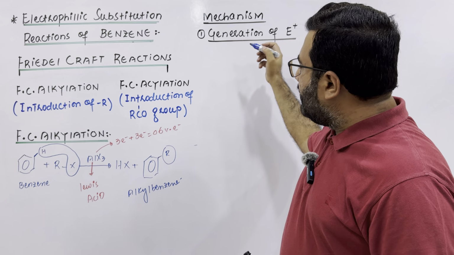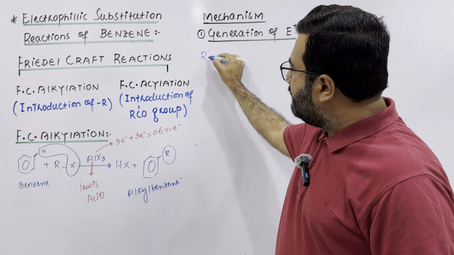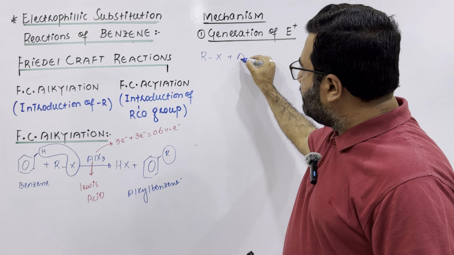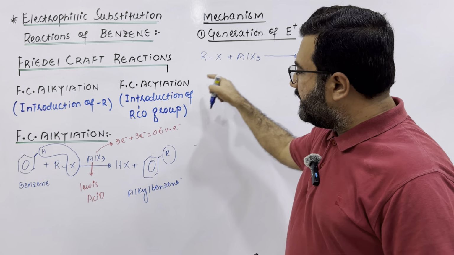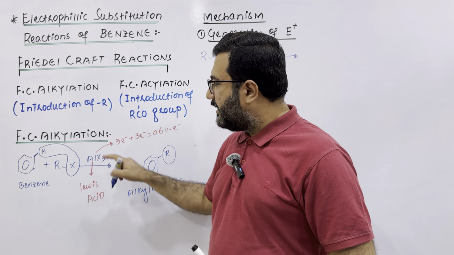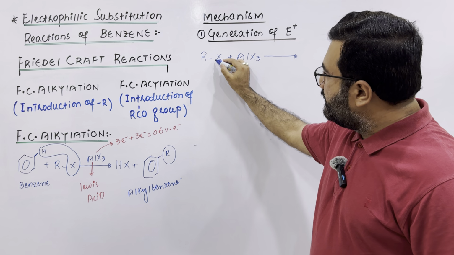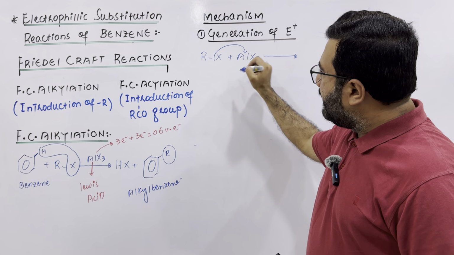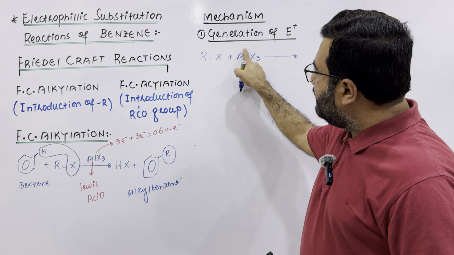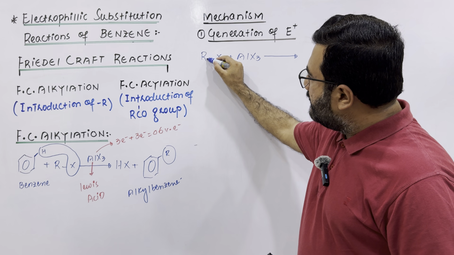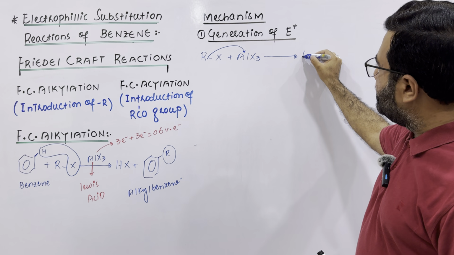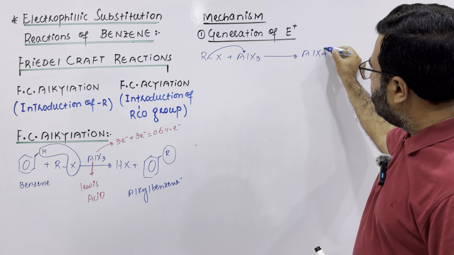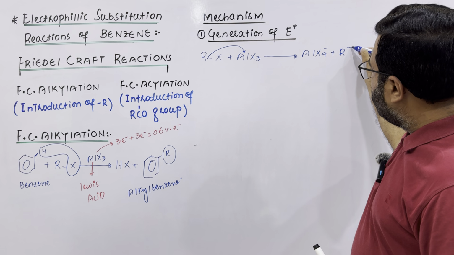And the strong electrophile is generated by the reaction of the reagent and catalyst. The reagent is alkyl halide and the catalyst is aluminium halide. So they react together, and halogen takes both of its electrons and it forms AlX4 negative and R positive.